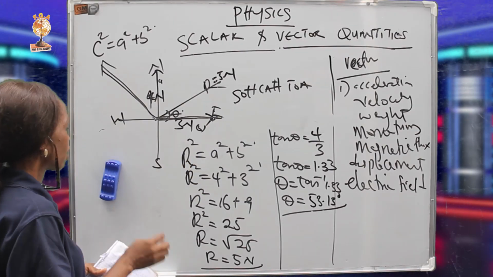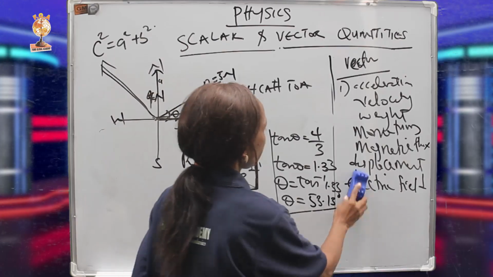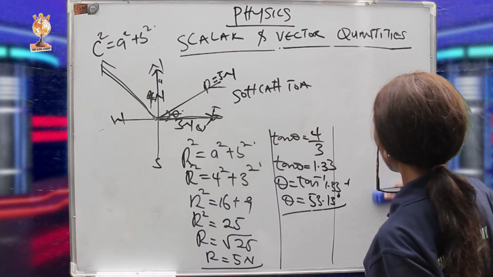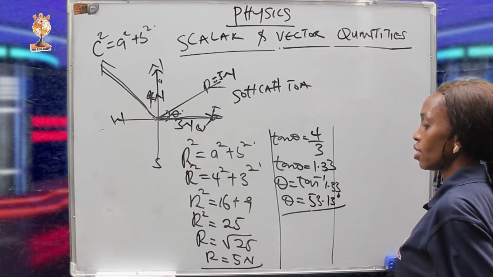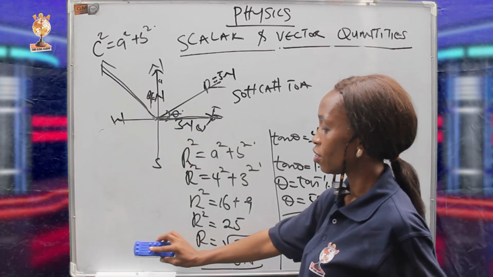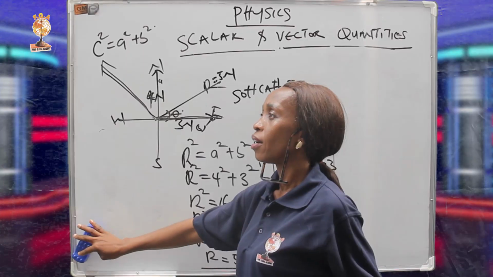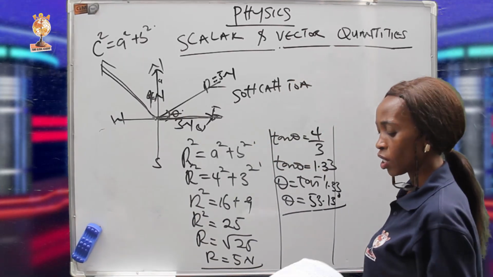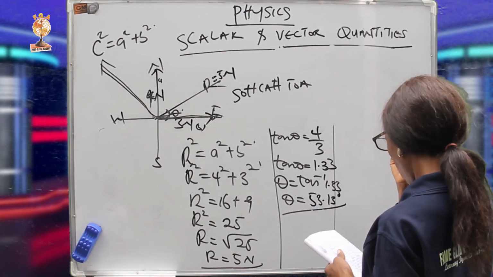So let's see an example where the vector is not at 90 degrees, not in the same direction, and neither in the opposite direction. I will use the cosine rule.